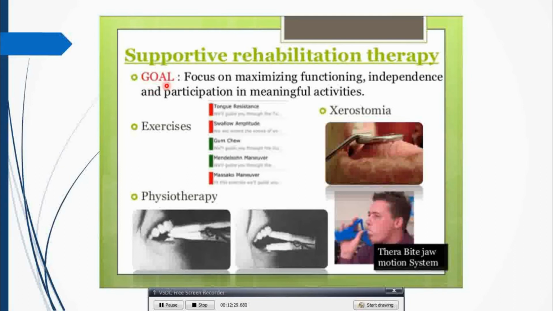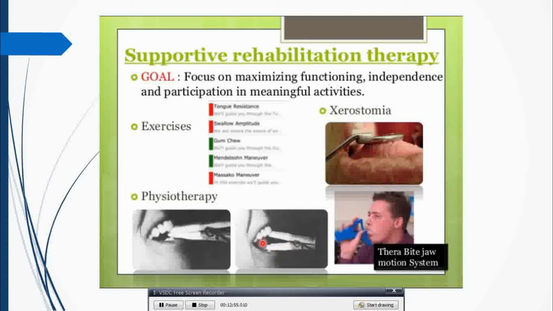Next is supportive rehabilitation therapy. The goal is to focus on maximizing functioning, independence and participation in meaningful activities. That means we try to help the patient regain their daily activities. By doing exercises, physiotherapy, for example, this is the clip that they use.